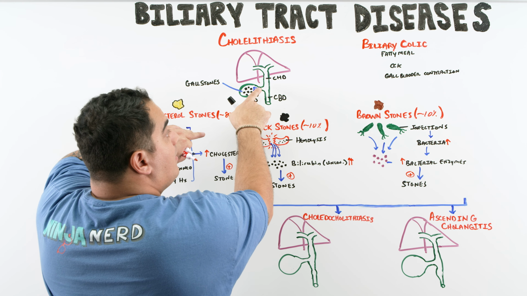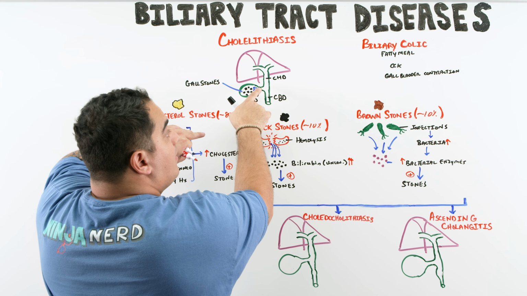So fatty meals increase cholecystokinin, increase gallbladder contractions, and increase this pain that's usually intermittent, okay? It's because the stone isn't completely stuck, it's just ball-valving in and out.